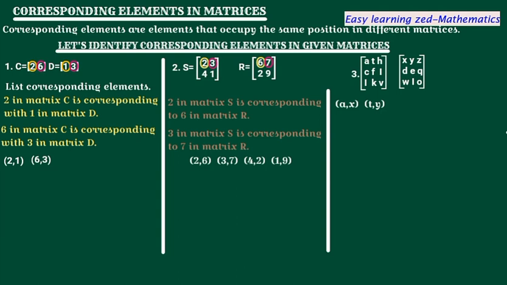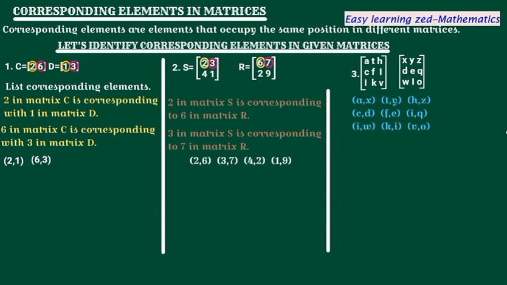So C and D, they are also corresponding. F and E, and I and Q, they are corresponding. Then I and W, then K and I, as well as V and O, they are corresponding.